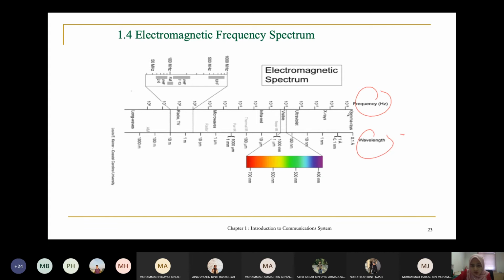For gamma rays, the frequency is high but the wavelength is very small. For radio, the frequency is small, but the wavelength is larger compared to gamma rays.